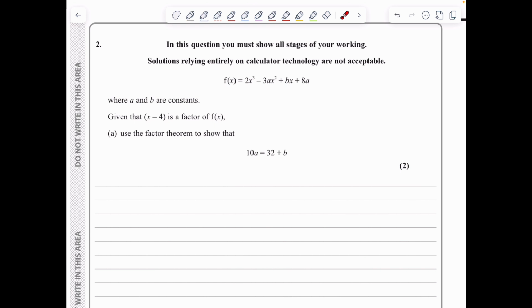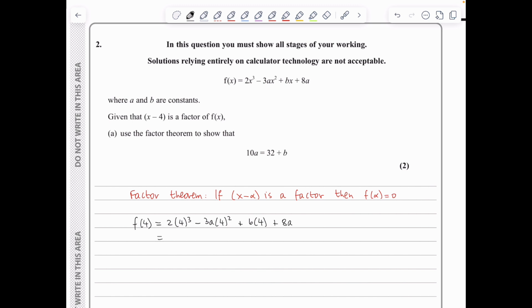Well, the factor theorem states that if x minus alpha is a factor, then f of alpha is 0, and in our case the alpha is the 4, so we know that f of 4 must be 0. So let's evaluate f of 4, which is equal to 2 times 4 to the power of 3 minus 3a times 4 to the power of 2 plus b times 4 plus 8a.